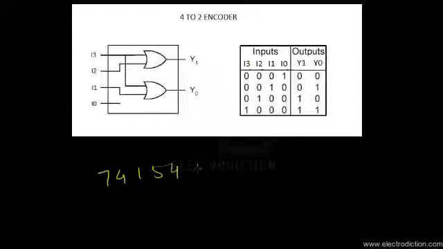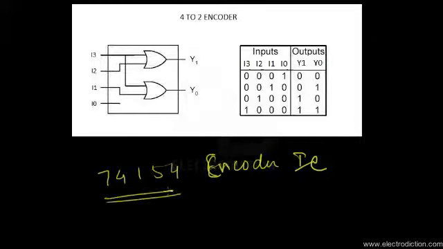If you check on the internet for the names of various types of encoder ICs, you would find them depending upon their sizes and specifications. The 74154 IC that I've been talking about is an encoder IC which is a 8 to 3 encoder.